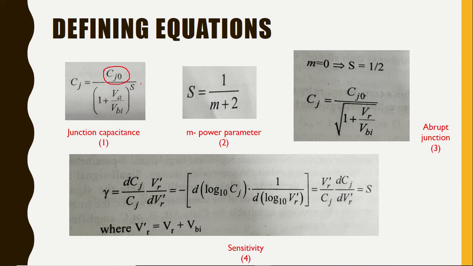VA stands for the applied voltage to the PN junction, and VBI stands for the built-in voltage, the voltage which is present inside your given PN junction.